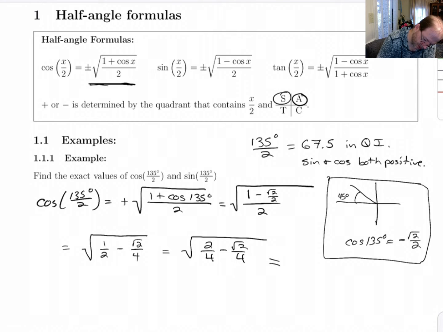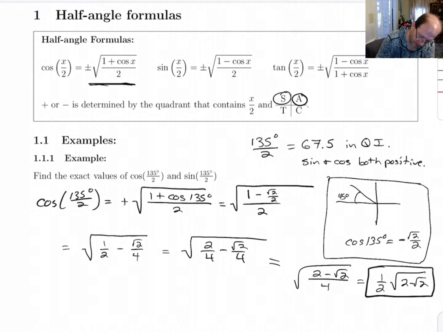And then that would give me 2 minus root 2 over 4. Now this over 4, I can bring out front as a 1/2 root of 2 minus root 2. That's probably about as nice as we can get it.